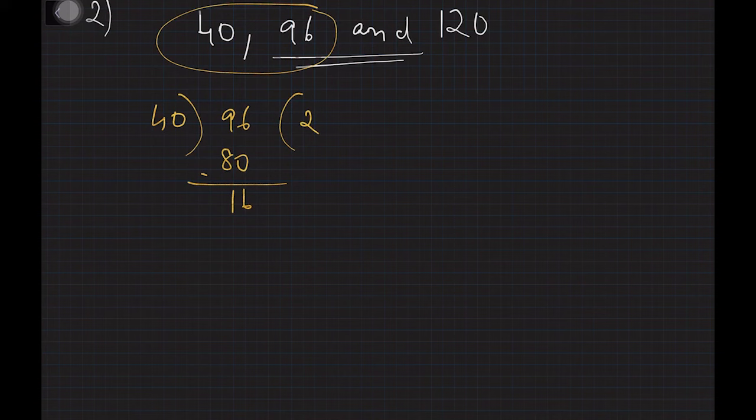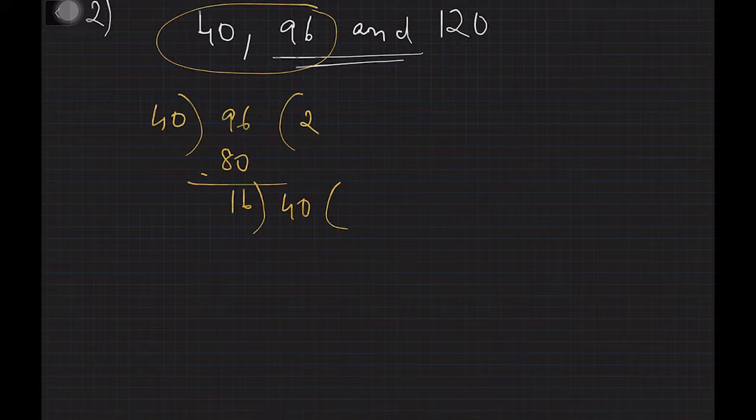So like I said in the previous example, this number 16 acts as the divisor, and the previous step's divisor will act as the dividend in the next step. So 16 will be the divisor and 40 will act as the dividend. So this 40 comes here and 16 will act as the divisor.